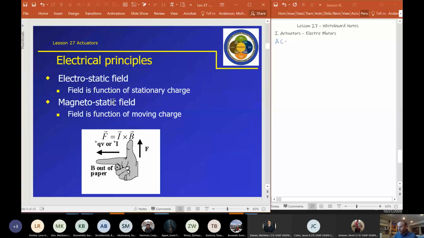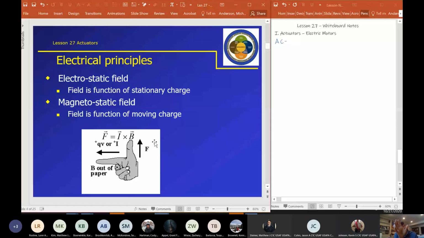all follow the same principles of electricity and magnetism. You may remember this from physics: if you have a current, basically charge moving in the presence of a magnetic field, a force is generated. You can also generate a magnetic field with a moving charge or a current. The right-hand rule for that is shown right here.